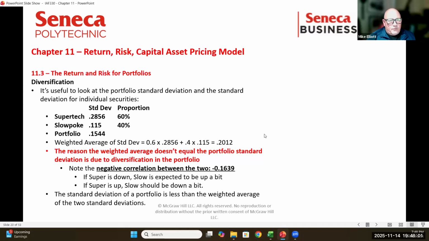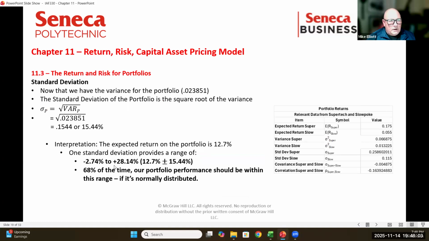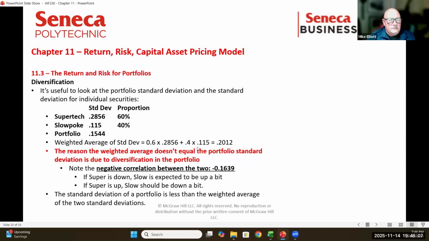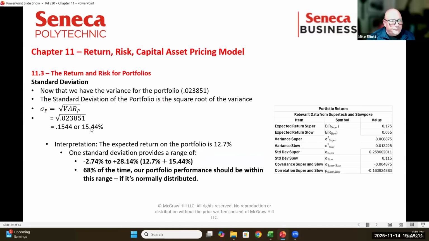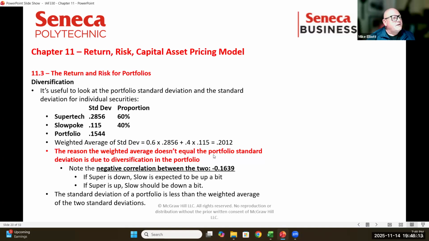What we actually came up with was, what did we actually come up with? Standard deviation of 15.44. Why is it 15.44 and not 20.12? Why is it lower than the weighted average of what the standard deviation should be?